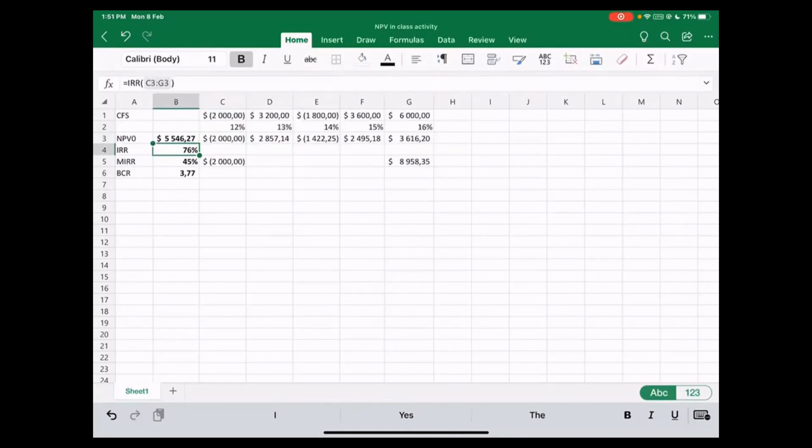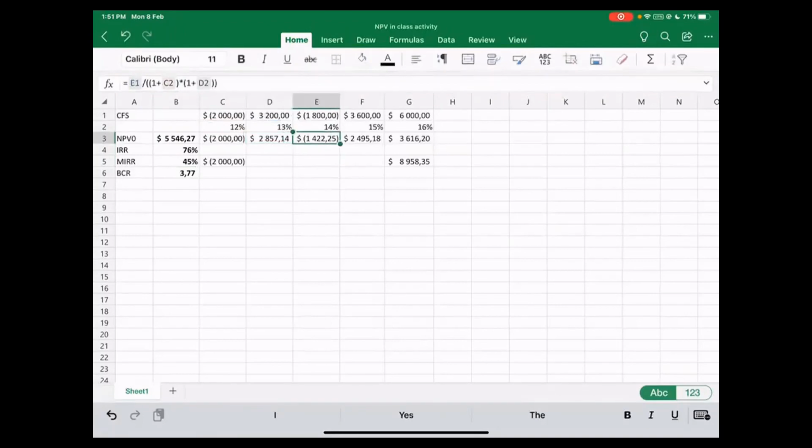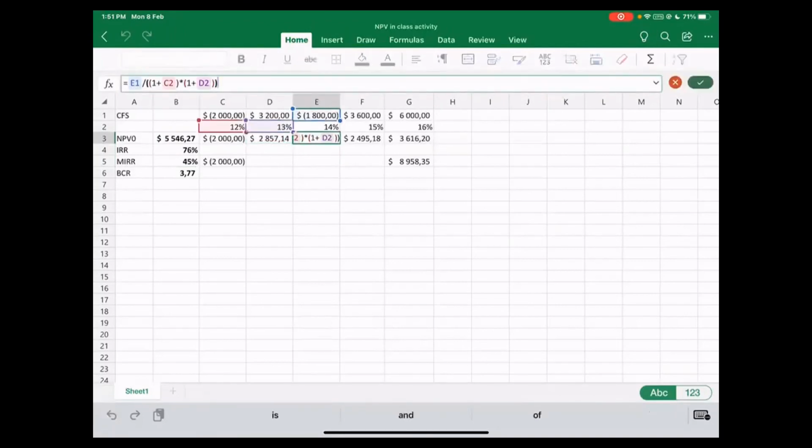Wait, don't go to IRR. You're very quick. Okay, come back. I want you to show the discounted value formula. Evgeny, I want you to pay attention to it. So here, 3,200 is discounted by 12% only. And minus 1,800 is discounted by 12% and 13%.